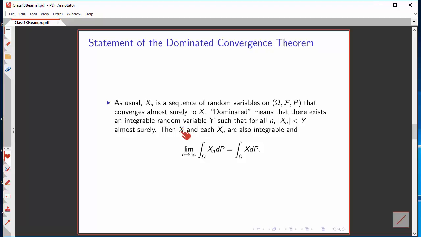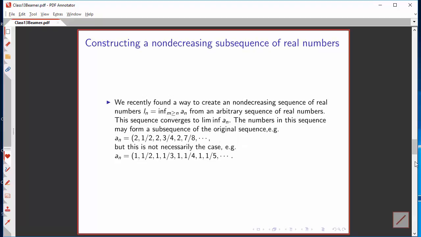Furthermore, the limit x has to be integrable. And finally, the limit of the expectation of x sub n is equal to the expectation of x. In order to prove this, I'm first going to have to prove a result known as Fatou's lemma. So let's get started on that.